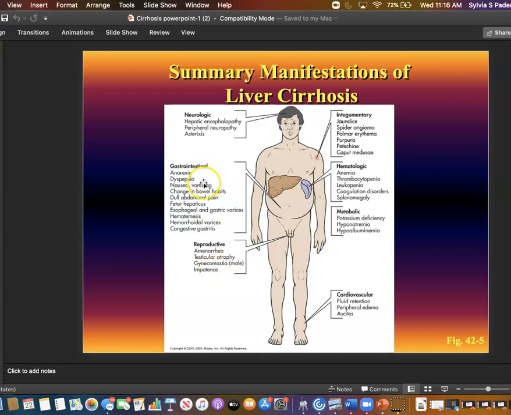GI: anorexia, dyspepsia, nausea, vomiting, change in bowel habits, dull abdominal pain, fetor hepaticus, esophageal and gastric varices, hematemesis, hemorrhoidal varices, and congestive gastritis. This will be a really good slide to review multiple times, okay?